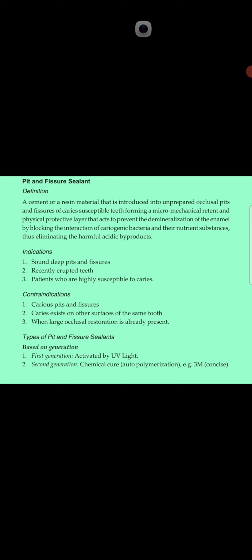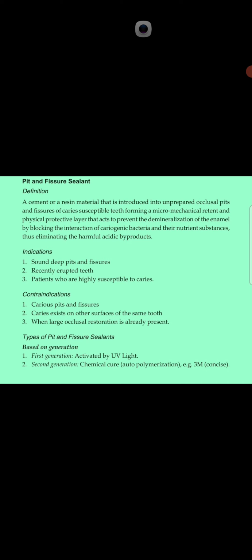A cement or resin material that is introduced into unprepared occlusal pits and fissures of caries susceptible teeth, forming a micromechanical retention. Remember, it forms a micromechanical retention. In the last NLE exam, this MCQ came in March: pits and fissure sealant form which type of retention?